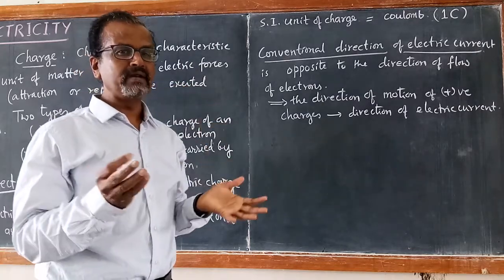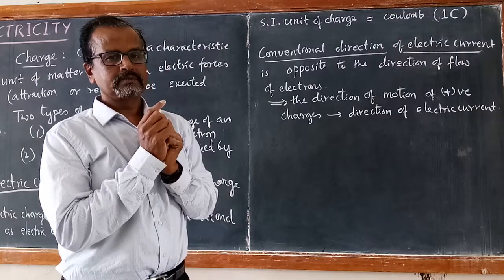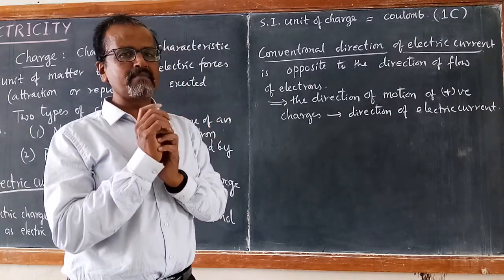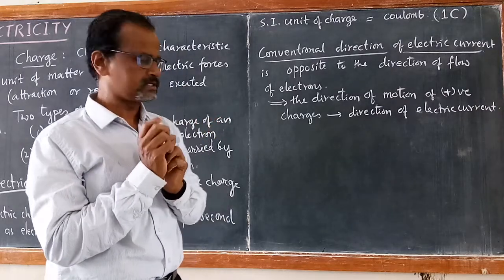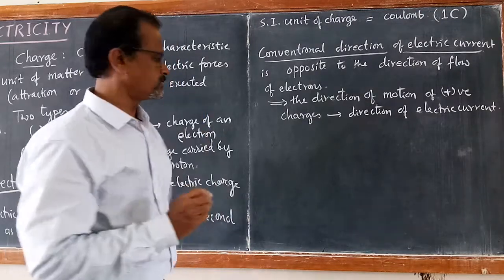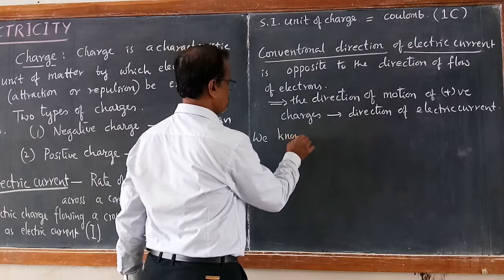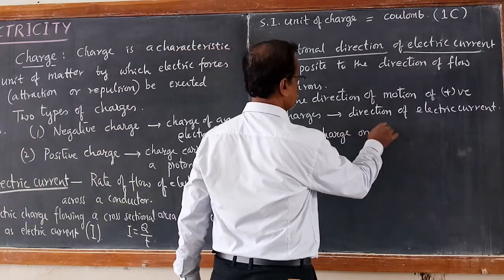How many electrons constitute 1 Coulomb of charge? Suppose n is the number of electrons which constitute 1 Coulomb of charge. Now we should know the charge on each electron.